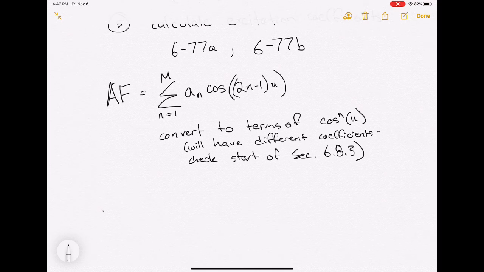And then once you have converted the array factor into terms of cosine to the n of u, you make a substitution where cosine of u is going to be equal to z over z naught. We already found the right value of z naught, and you substitute that back into your new array factor.